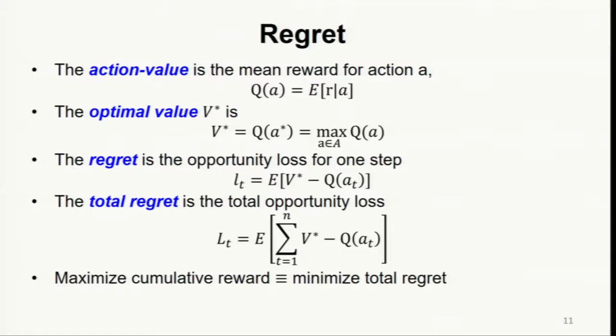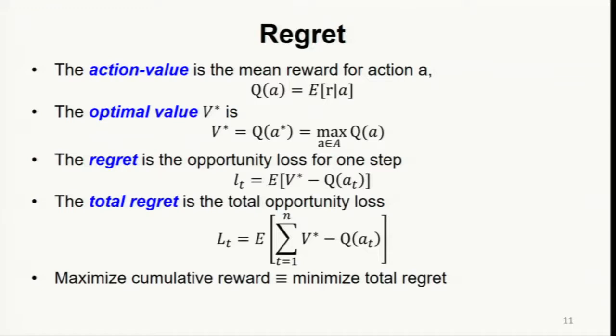You want to choose the best action that gives you the maximum expected reward. The regret is the opportunity loss for one step. If you know the best value, then you know if you try and you get a reward, that is called a regret. But most of the time, I don't know this best value. But if I know, this will be my regret.